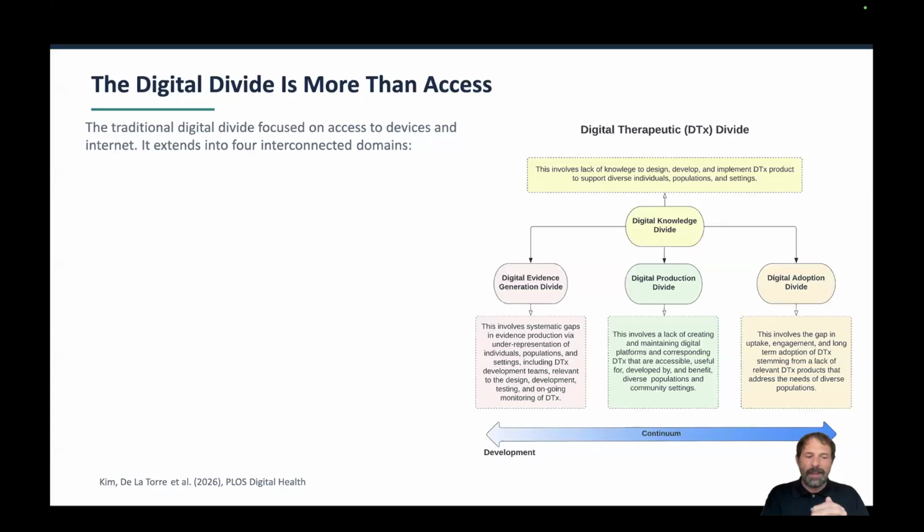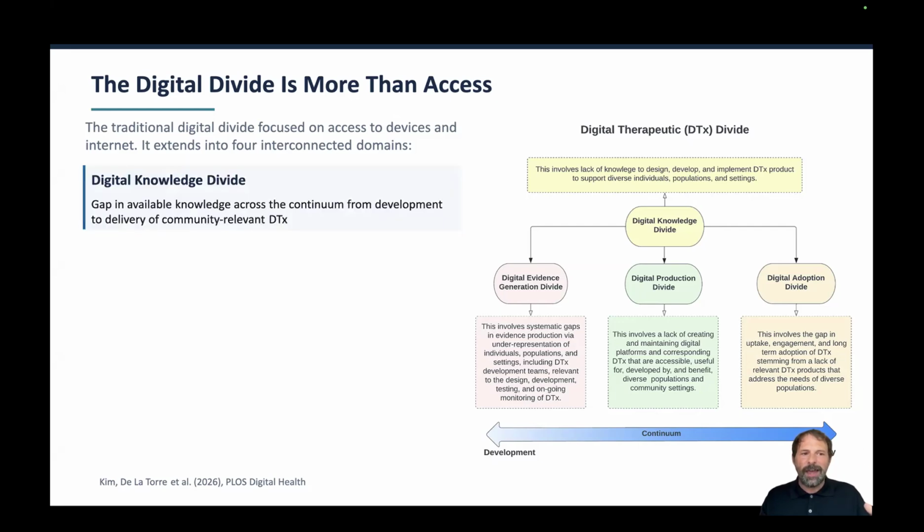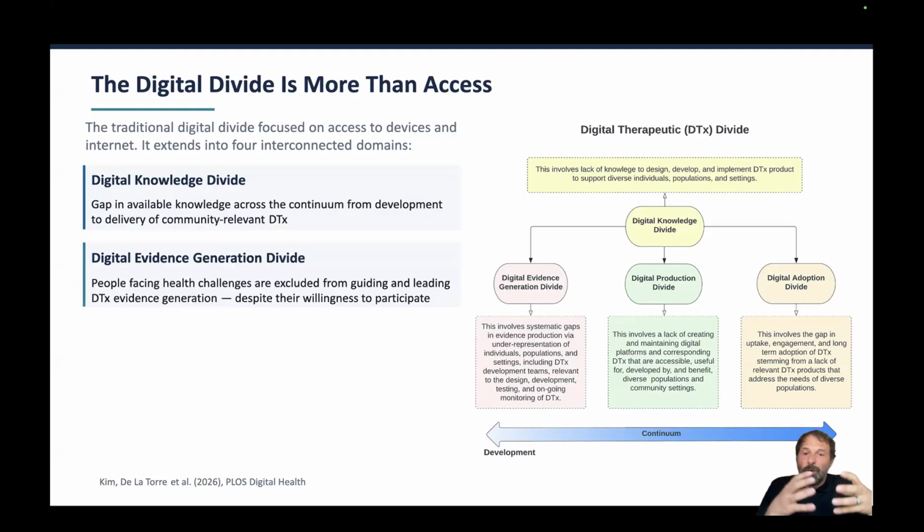There's another paper that I would invite you to look at, but we really anchor on this idea that there are actually multiple forms of divide here that go on a continuum from development to delivery. And so the idea is there's a knowledge divide, basically gaps in the available knowledge across the continuum from development to delivery. There's a divide in what kind of evidence gets produced and who's involved in producing that evidence, such that, the classic thing from the disabilities community, nothing about us without us, right?